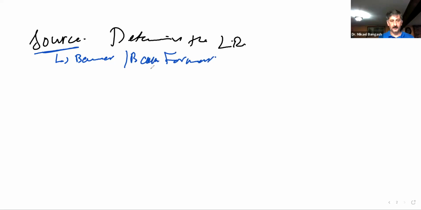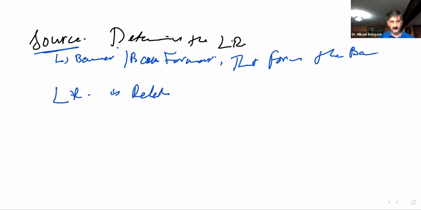You look at it as the component of the system that forms the beam. Your lateral resolution is related to, and hence determined by, the beam.